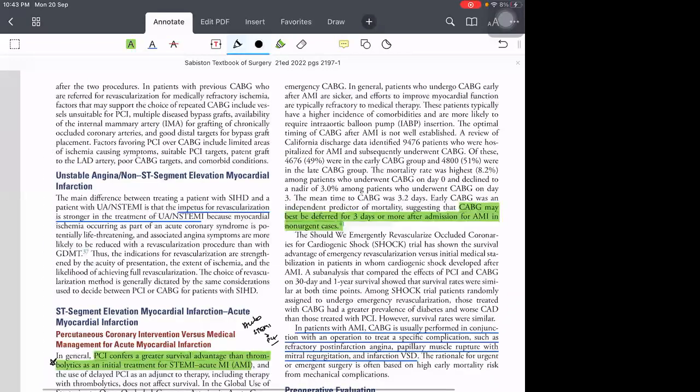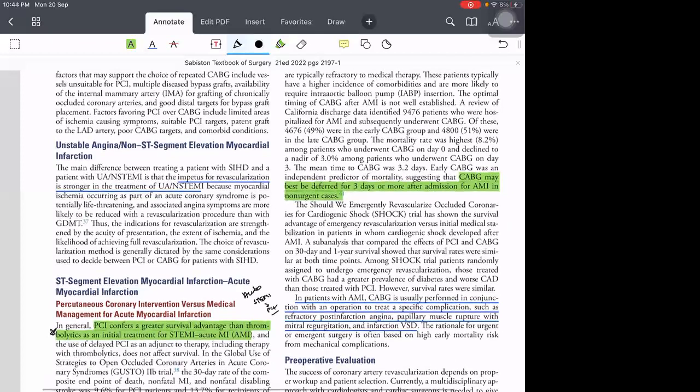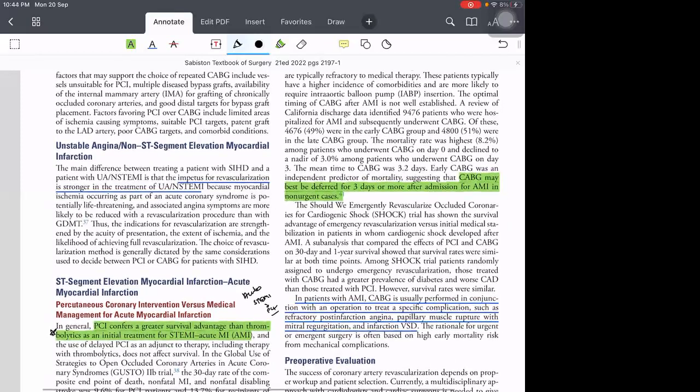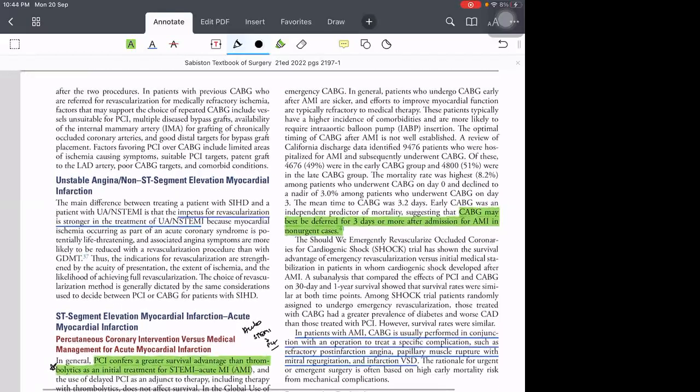And CABG is best deferred for 3 days or more after the admission for AMI in non-urgent cases. So finally in acute STEMI also, they will go for CABG depending upon the indications.